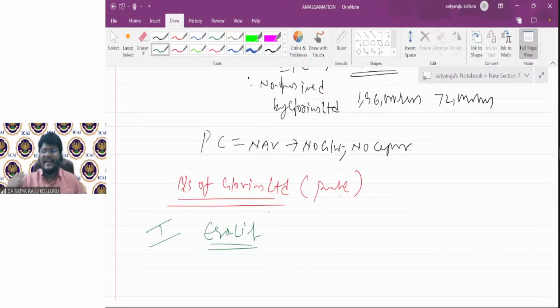Guys, one thing, in the exams, at least you may build 2 to 3 balance sheets here. You can take from any chapter, whether it is internal reconstruction, amalgamation, buyback of equity shares, banking companies, or employee stock option plans.